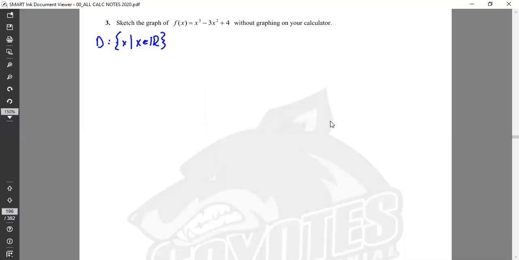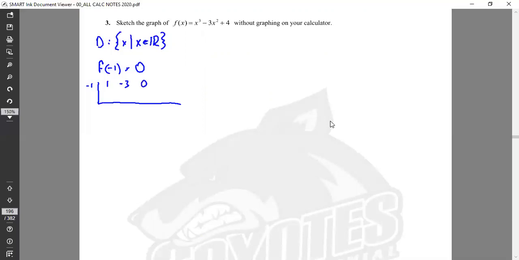Factors of 4: plus or minus 1, plus or minus 2, plus or minus 4. So we could plug in here and we can find pretty quickly that f at negative 1 is negative 1 cubed minus 3 times 1 plus 4, which ends up being 0. Therefore, negative 1, and then we have 1x cubed, minus 3x squared.